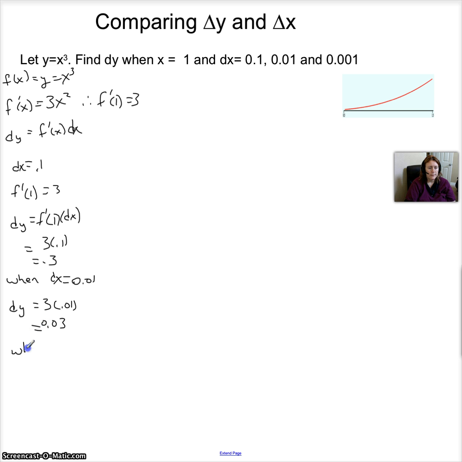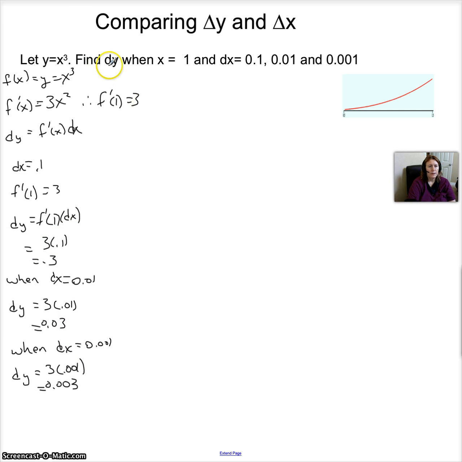And what about when dx is 0.001? Well, then dy is 3 times 0.001, which is 0.003. All right. So you can see as the differential in x decreases, the differential in y also decreases.